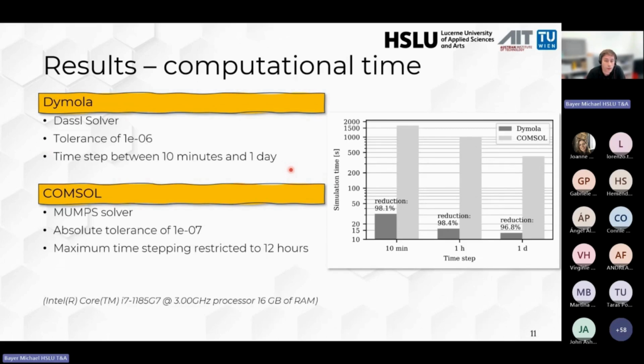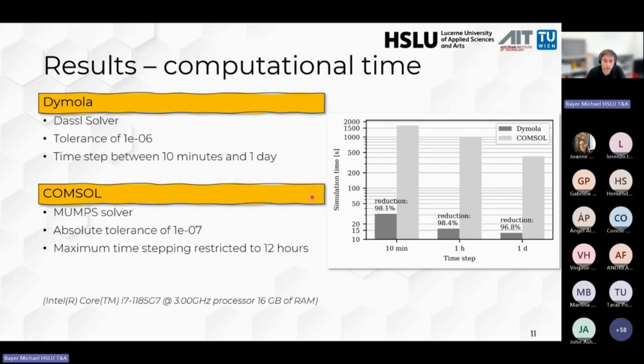For the computational time, here you can see the comparison between Modelica and COMSOL. We optimized the reduced order model by calibrating the segment count based on convergence tests to ensure a stable stratification without excessive runtime.